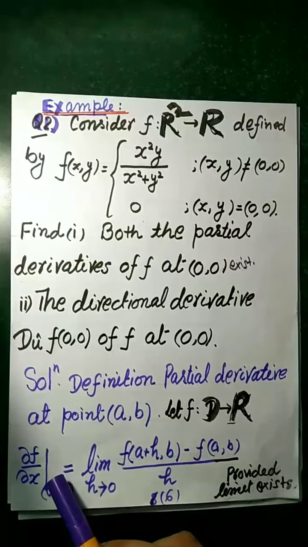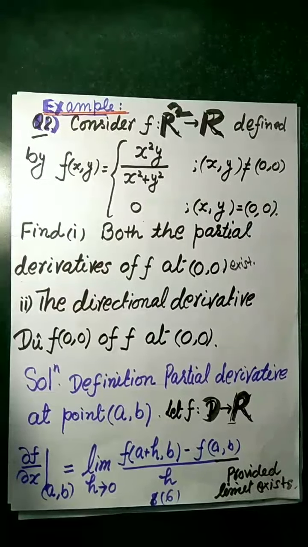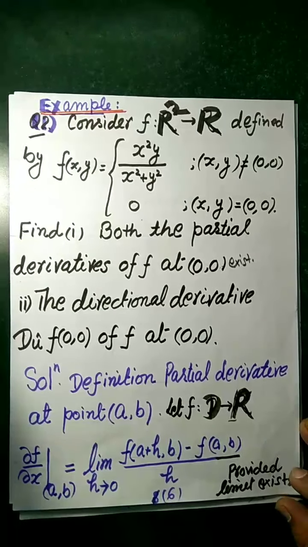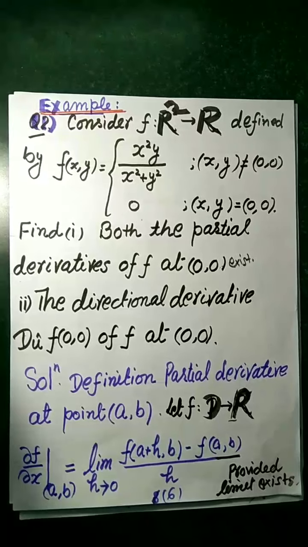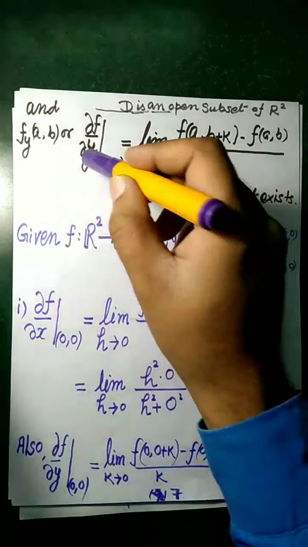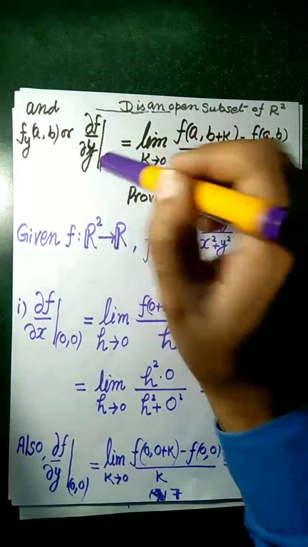Because we take the partial derivative with respect to x, there is a change only in x. Similarly, the partial derivative with respect to y is here.